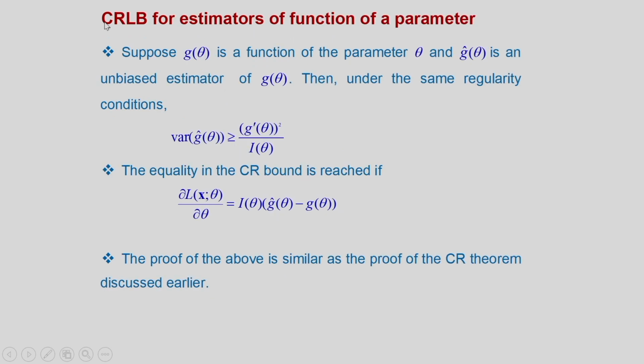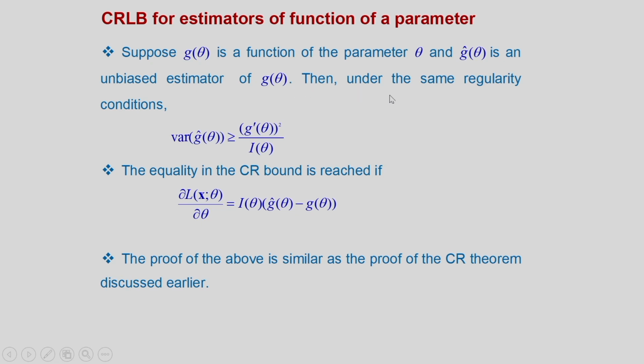We will now discuss the CRLB for the estimators of a function of a parameter. Suppose g(theta) is a function of the parameter theta and g hat(theta) is an unbiased estimator of g(theta).